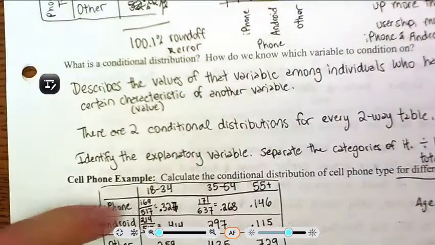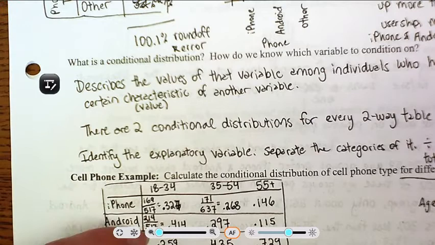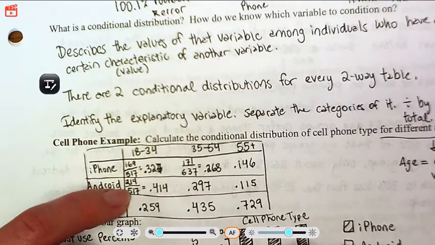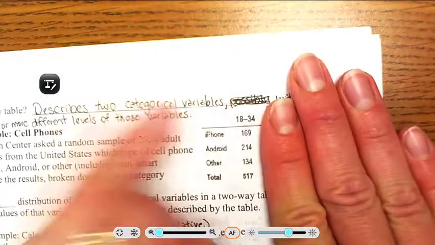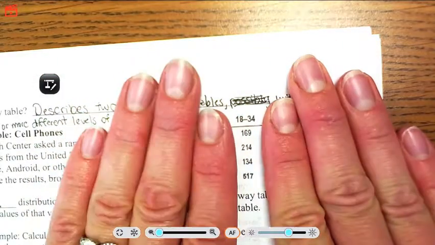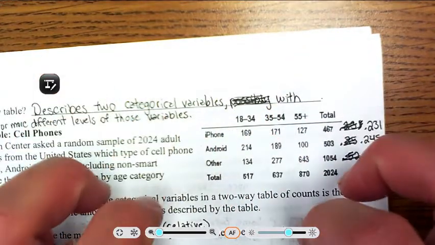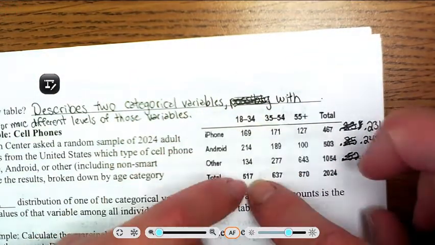So here, for just a couple, I showed you the division just so that you can establish that pattern. 169 out of 517, 214 out of 517 are these two squares being divided by the total. So now you can see that I'm dividing down. It's a visual thing here.